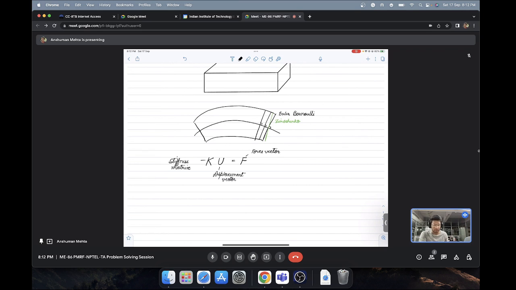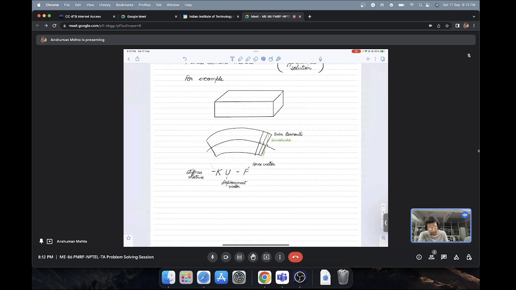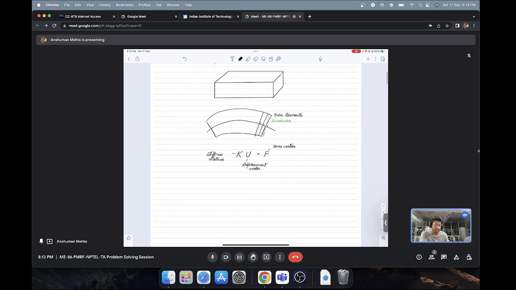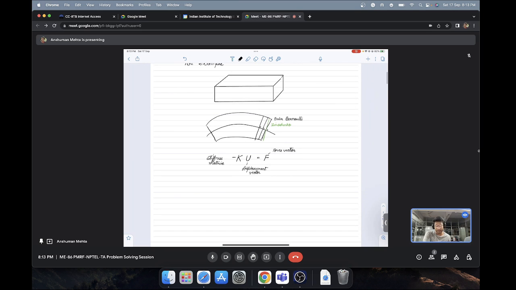Okay, so this is a symbol which we have used throughout the course, and in Reddy's book this is there. So the stiffness K is a matrix, and it depends on how many nodes we have taken. So here the discretization comes into the picture, how we are describing the system.